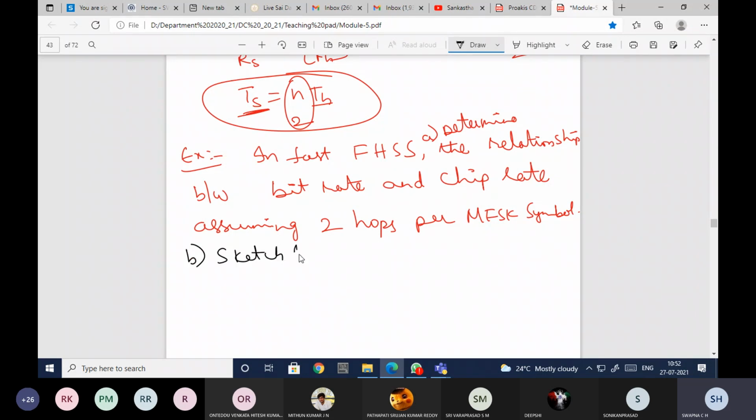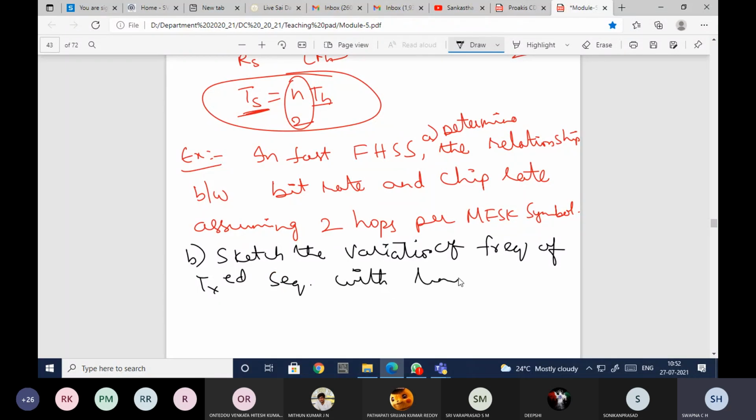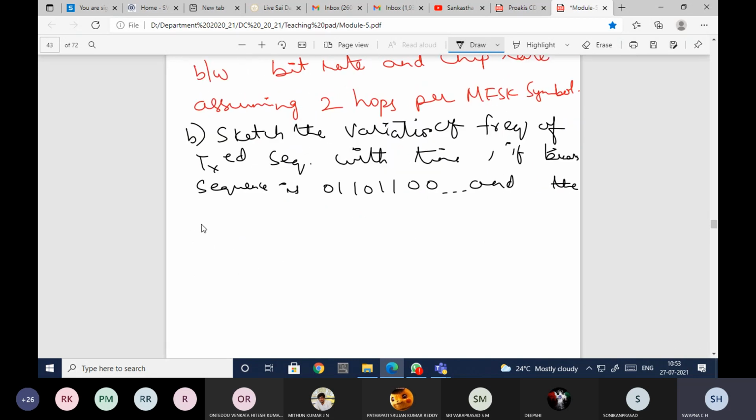Next, sketch the variation of frequency of transmitted sequence with time if binary sequence is 01101100 and so on, and the PN sequence is 1 1 0 0 1 0 1 0 and so on.